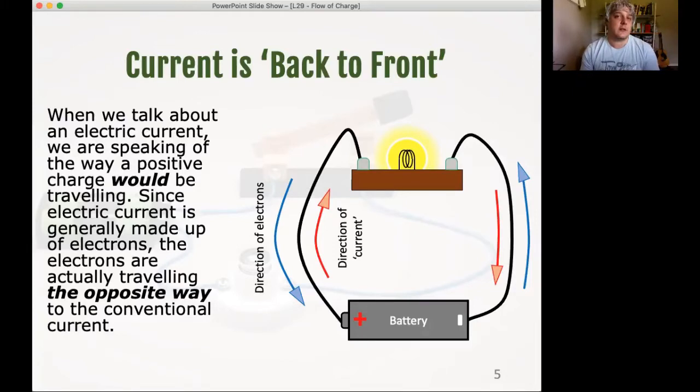But as I said, that's because the electrons are negative, and this whole convention of electrons being negative, protons being positive was made up before we understood what was really going on in electrical circuits, and formalizing the equations around that. So it's just something that you have to learn and get used to, but it should hopefully be pretty straightforward. If you remember that the current is the way a positive charge would travel, and then remember that electrons are the things that are actually traveling, they're going to be going in the opposite direction.